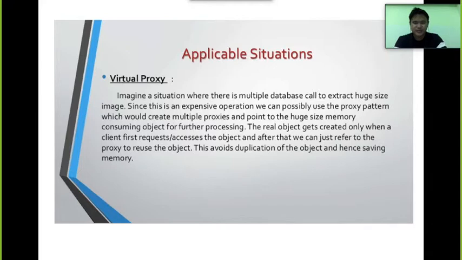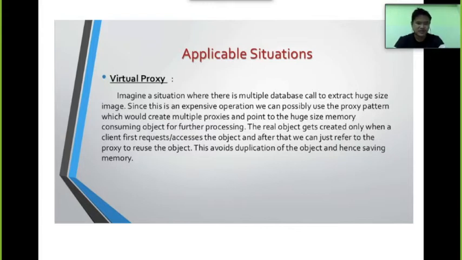So we have three types of proxy. The first is the virtual proxy. Imagine a situation where there are multiple database calls to extract huge size images. Since this is an expensive operation, we can possibly use the proxy design pattern, which would create multiple proxies pointing to a huge memory consuming object for further processing.